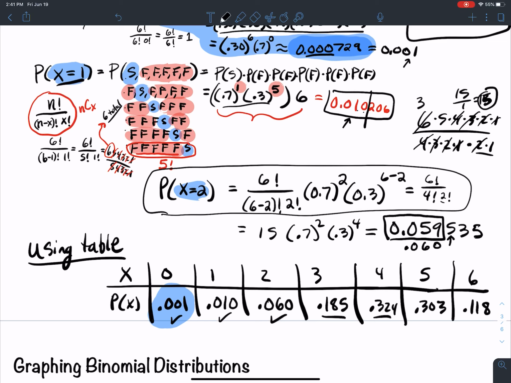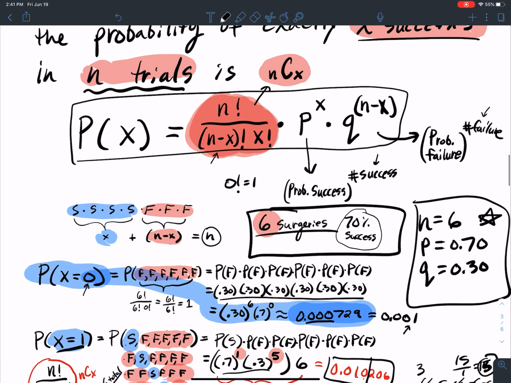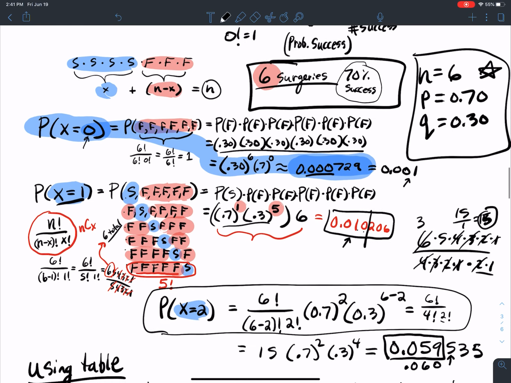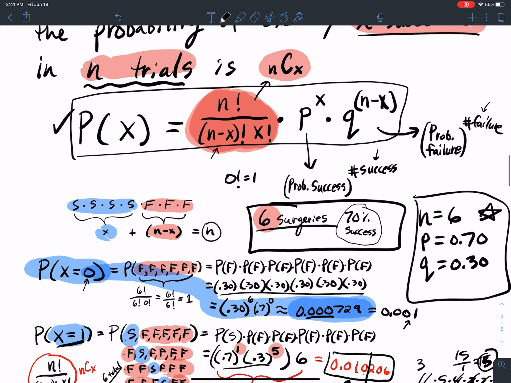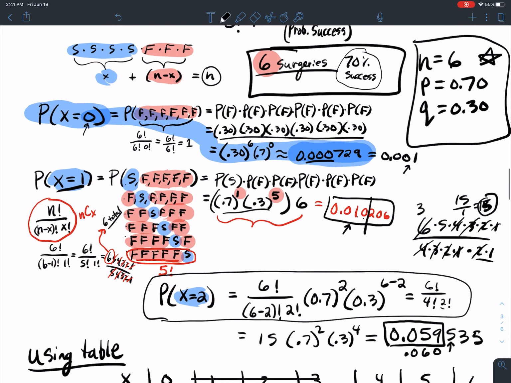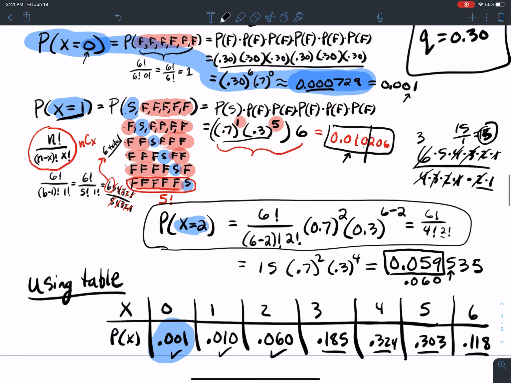So these numbers are generated from our probability formula right here with a computer. That's how it makes that table. That table is generated from a computer program that uses the formula you see right here. Since it cuts it off at 3 decimals, that's where you see the rounding issue.